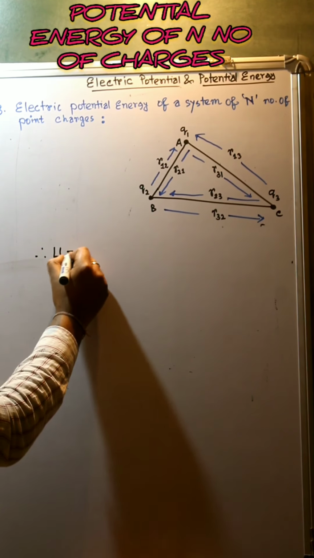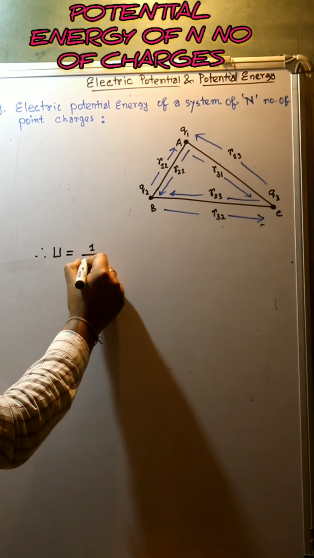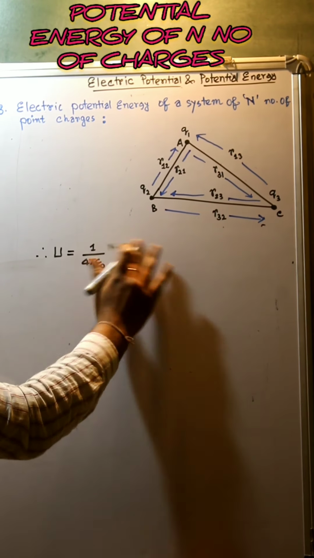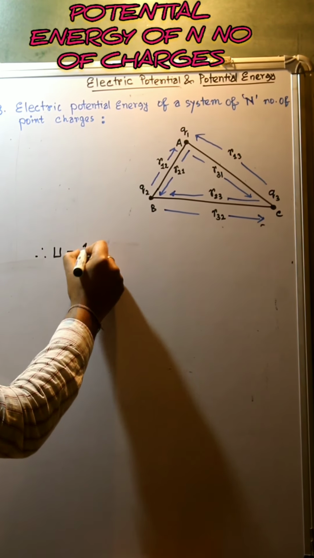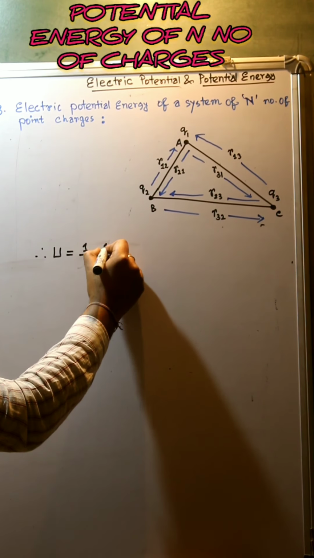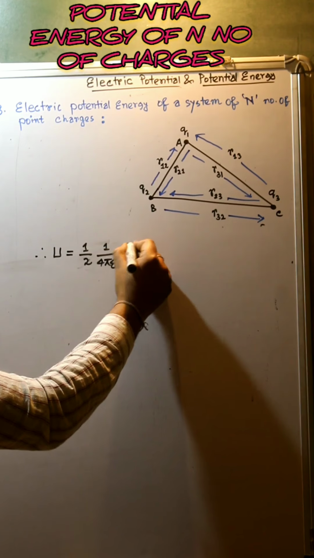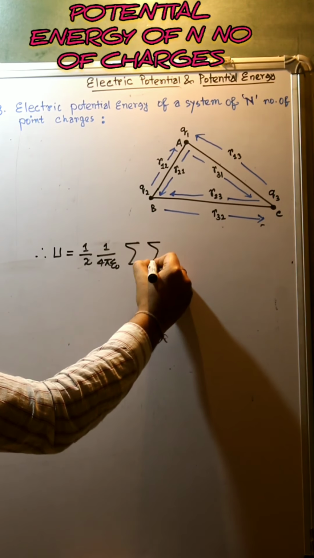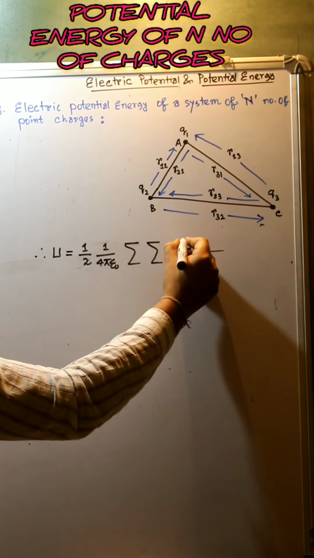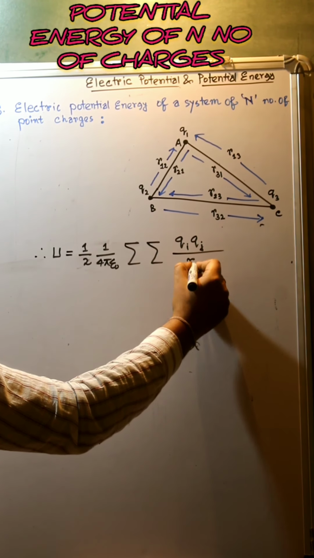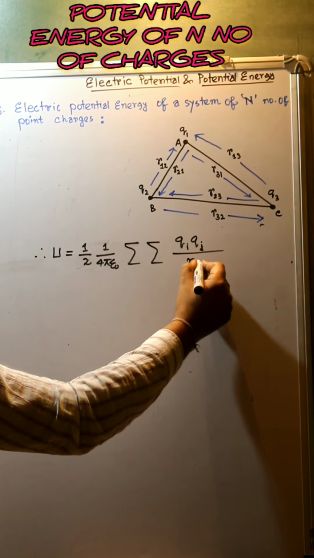Therefore, U is equal to half, then 1 by 4 pi epsilon 0, summation, then Qi Qj divided by Rij.